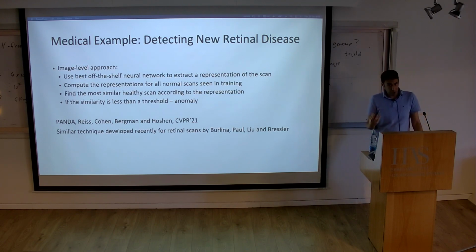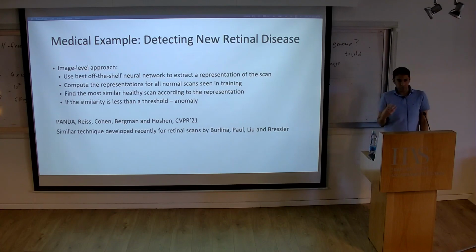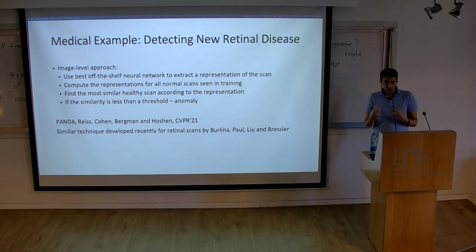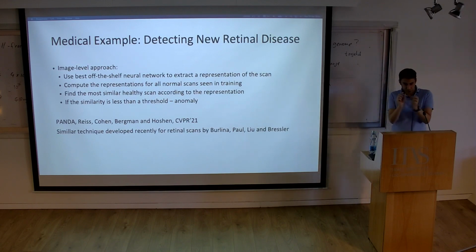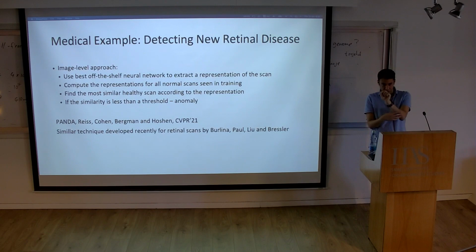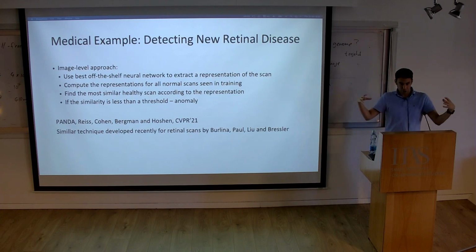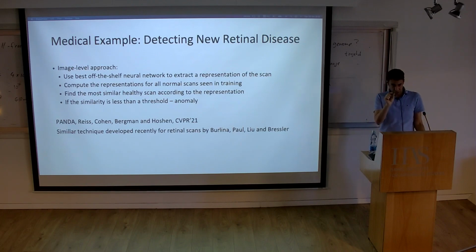This maybe shouldn't really surprise us, and the reason is that the anomalies in the retina, at least initially, are quite local. And so in order to detect these anomalies, you actually want to see if there is a locally anomalous region. After all, the entire retina might not look particularly anomalous, but maybe some specific parts of it might be starting to deform, and so we'd be able to detect these diseases.